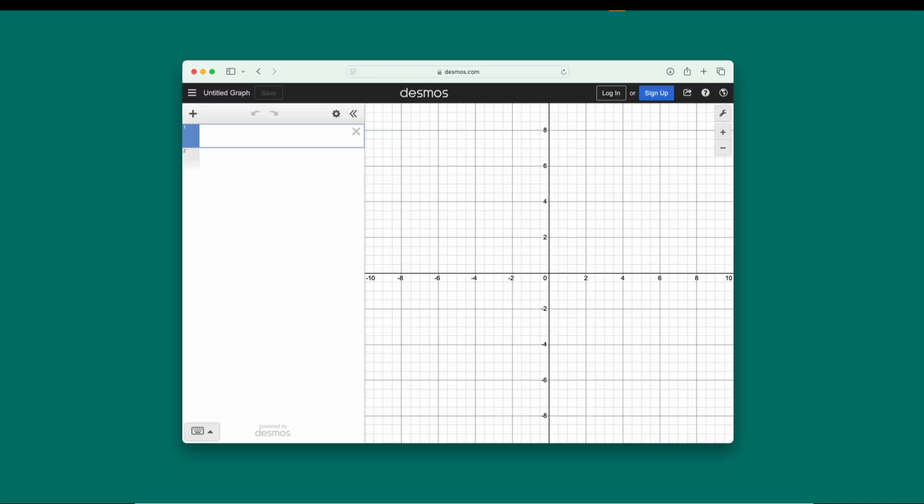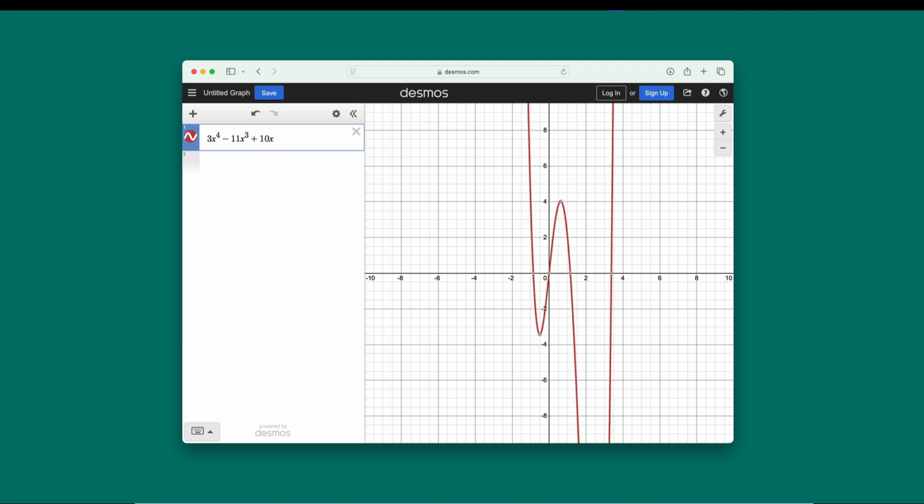Okay, so let's see how we could have solved this polynomial inequality, 3x to the 4th minus 11x cubed plus 10x minus 4 less than or equal to 0, using the graph. And so we'll use our decimal calculator. And so we have 3x to the 4th minus 11x to the 3rd plus 10x minus 4.